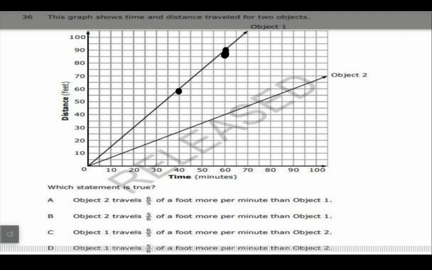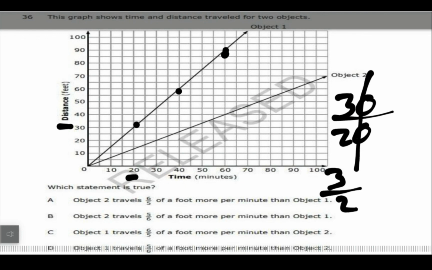Also right here is another one, and then right here. So you're going to do your y divided by your x, and wherever they meet, they're all going to give you the same. So for object 1, it's 30 over 20, which, if I cross off zeros, is just 3 out of 2.